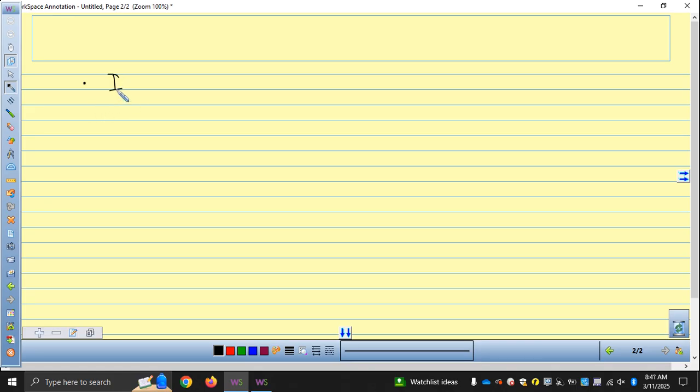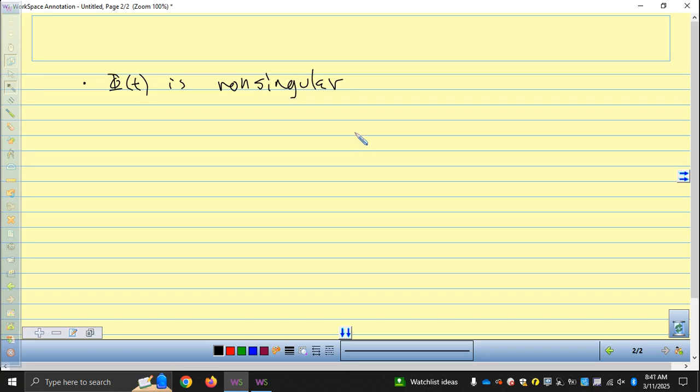Phi of t is non-singular. That means it has an inverse. That is important because we need the inverse of that matrix. So this is a non-singular matrix.